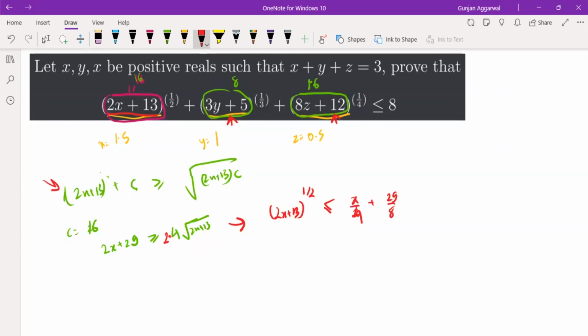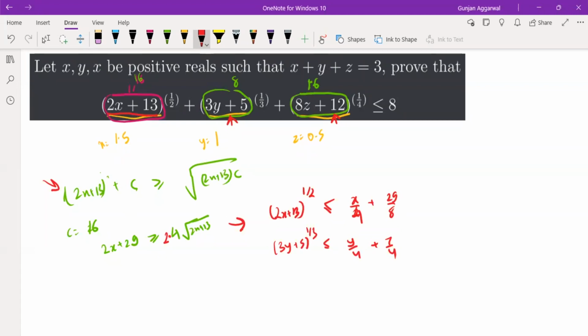Now similarly try for each of these things. For the y thing, you get that cube root of 3y plus 5 is less than or equal to y by 4 plus 7 by 4.